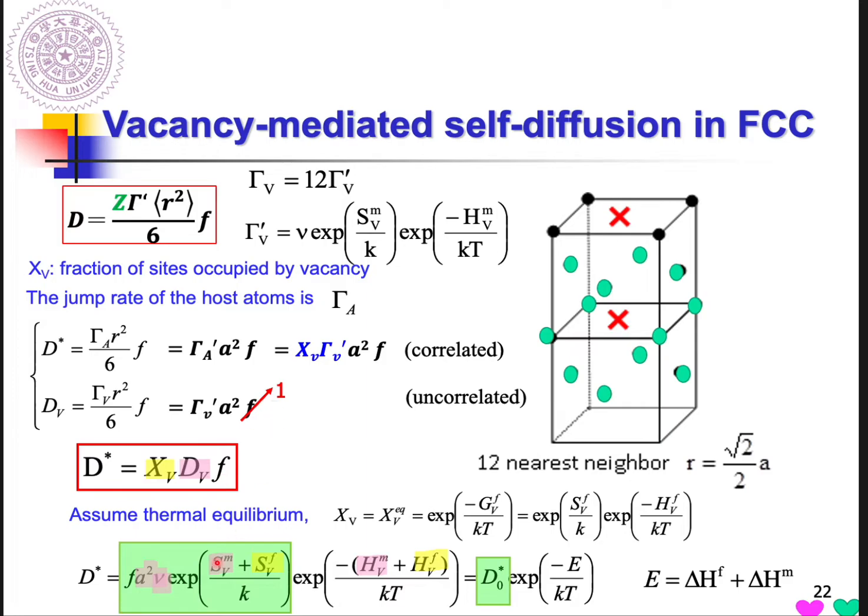After a series of derivations, D0 actually includes the correlation factor F, the lattice constant, the vibration frequency, and also the exponential entropy term. The second term is the temperature dependent part. The energy is an enthalpy term, and this energy includes the vacancy migration energy and the vacancy formation energy.